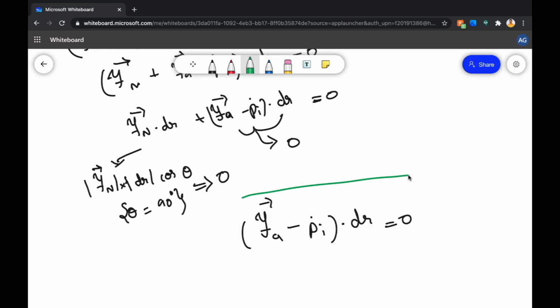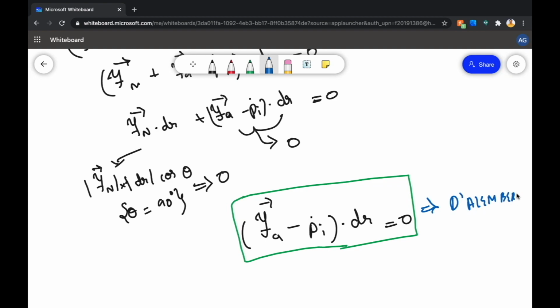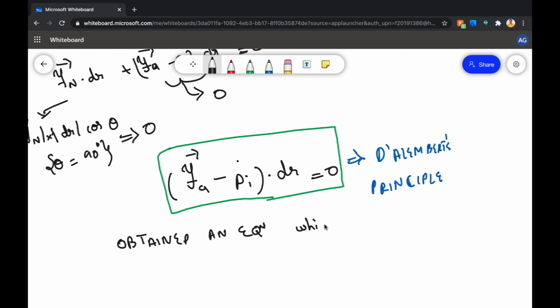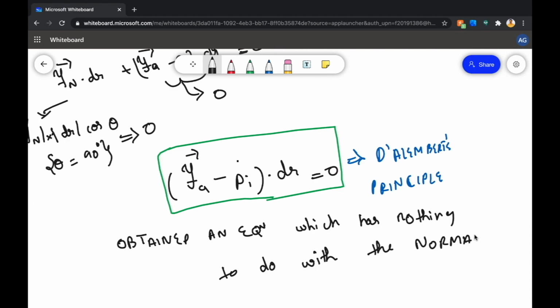So basically this is D'Alembert's principle. He obtained an equation which has nothing to do with the normal forces. Basically, he eliminated all the normal forces in the equation.